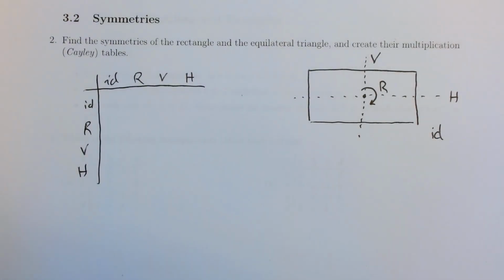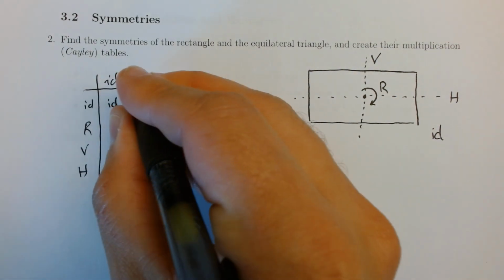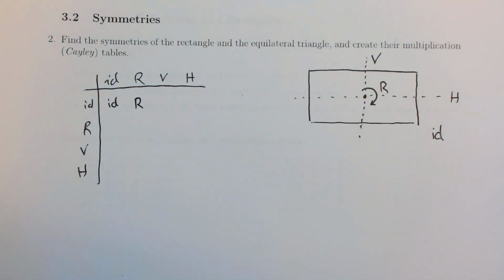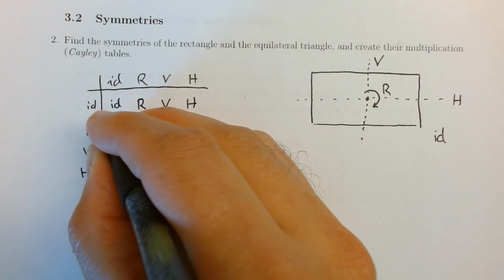And then see what we would get if we start combining them together. Now, if I combine any operation with the identity, of course I get the same as that operation. So the identity followed by any of these operations just gives you that operation.